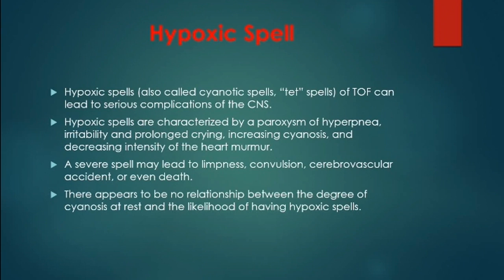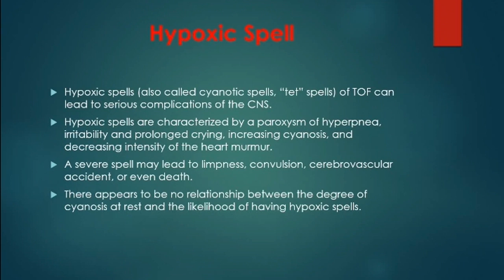One of the most serious complications in a patient with Fallot tetralogy is hypoxic spell. Hypoxic spells, also called cyanotic spells or TET spells, are characterized by paroxysms of hyperpnea, irritability, prolonged crying, increasing cyanosis, and decreased intensity of the systolic murmur.